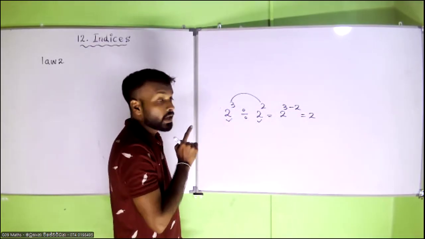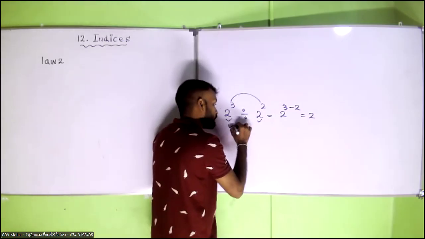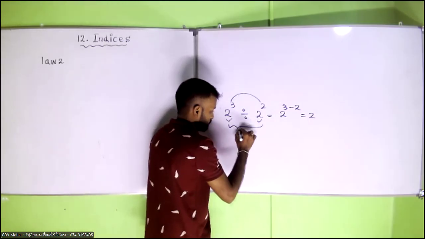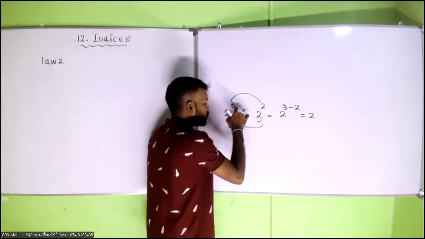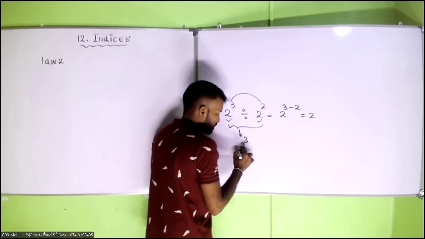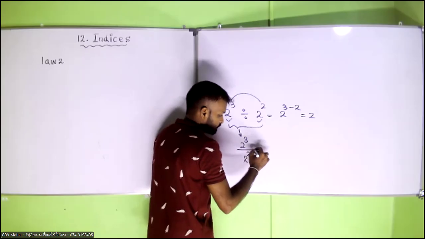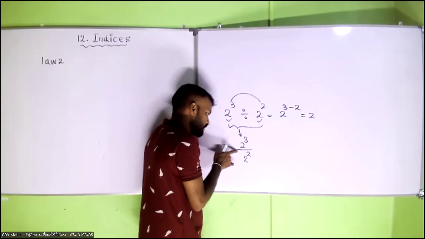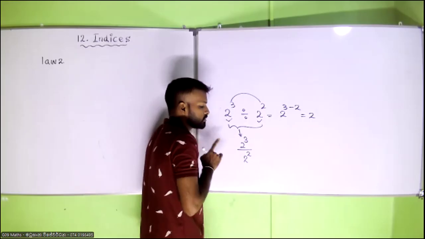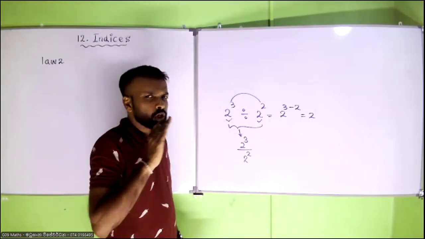And the other way you can do this: 2 to the power 3 divided by 2 to the power 2. This is also division, the same thing, so no need to panic.